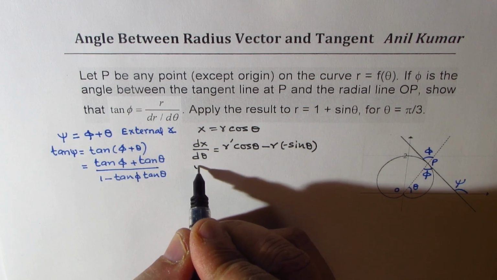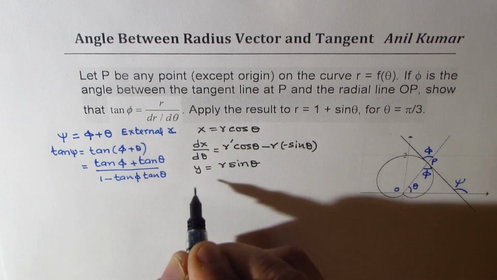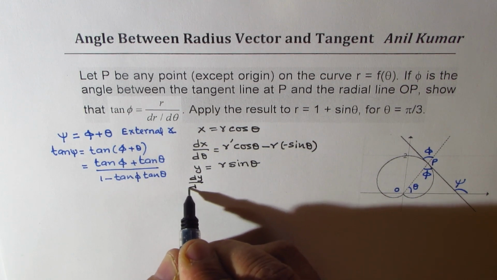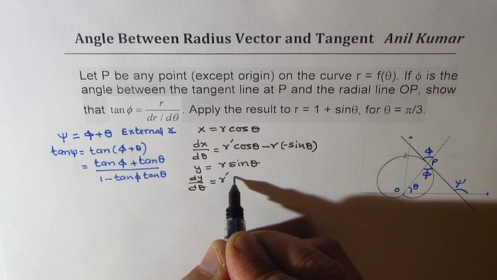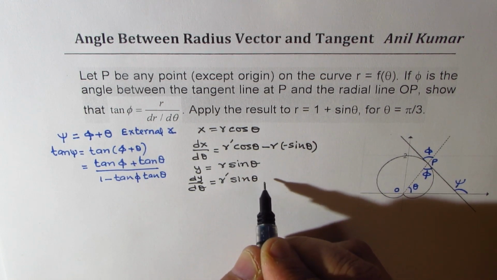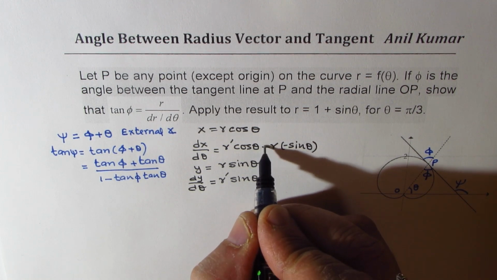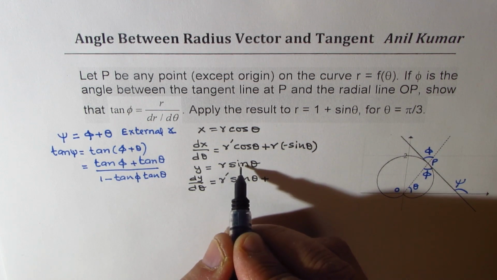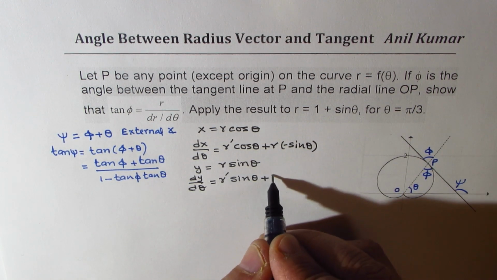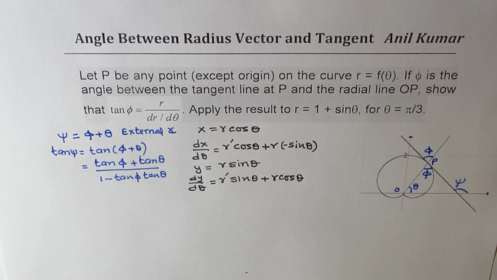And we also know that y equals r sine theta. So dy d theta is equal to r dash sine theta, plus, I'm sorry, I made a minus here also. We have to write minus here, and plus r times the derivative of sine theta, which is cos theta. So r cos theta. So that becomes dy d theta.